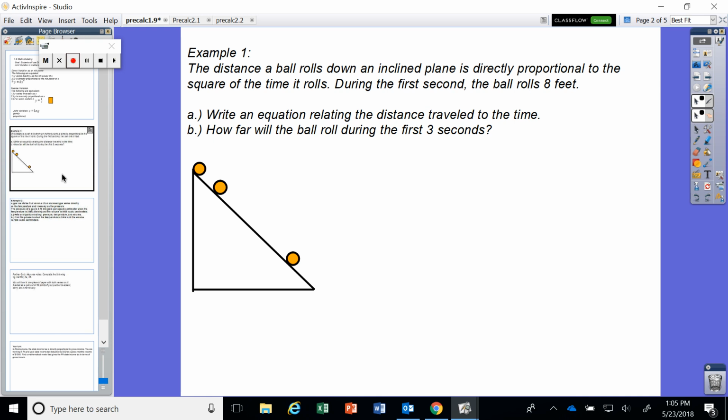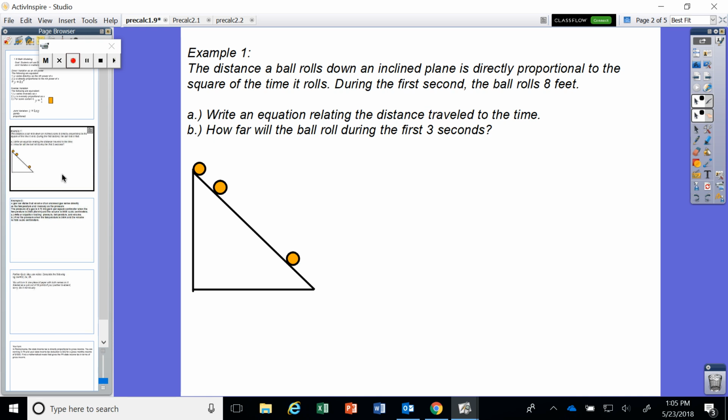The first example I have for you: the distance a ball rolls down an inclined plane is directly proportional to the square of the time it rolls. Right off the bat, there's a key word. Right when you see directly proportional, your mind needs to start thinking about those three equivalent statements about direct variation.